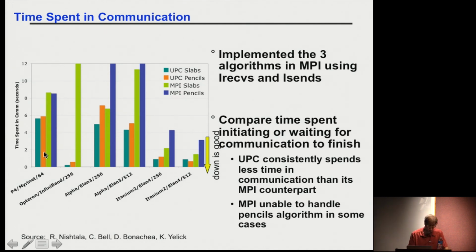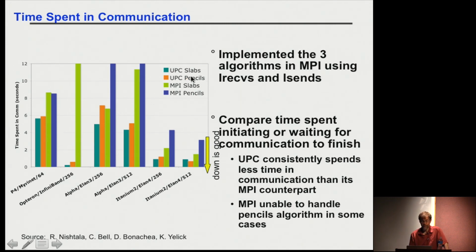And so the vertical axis is time, so down is good. And so I'm comparing UPC with slabs, UPC with pencils, MPI with slabs, and MPI with pencils. And so you can see that UPC beats MPI dramatically. In fact, MPI crashed. That's why there's no blue line there, so it didn't even finish. And in all of these cases, UPC beats MPI.